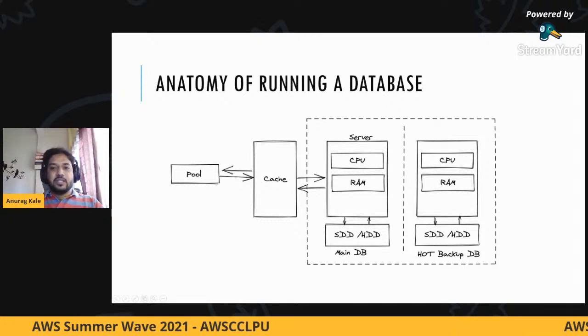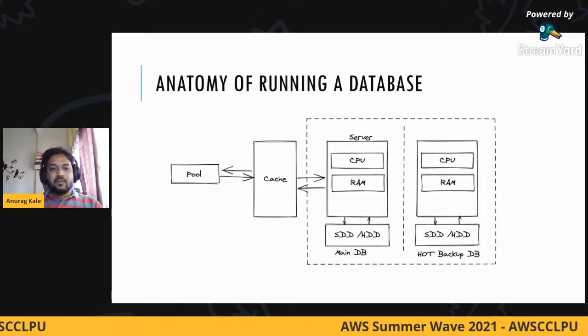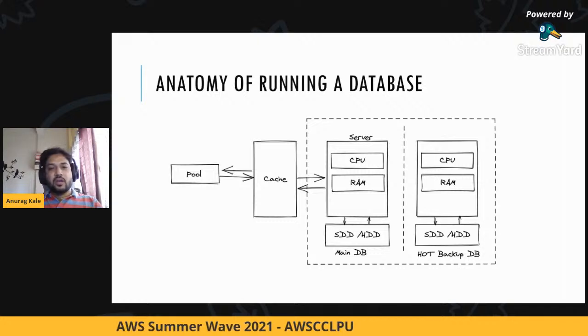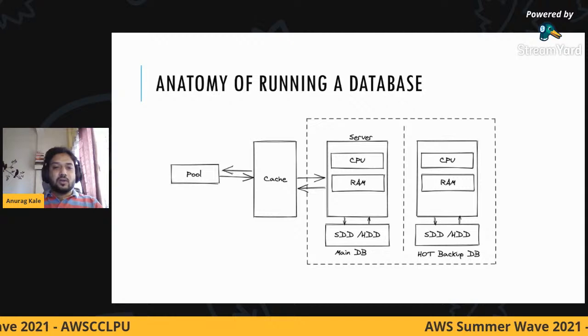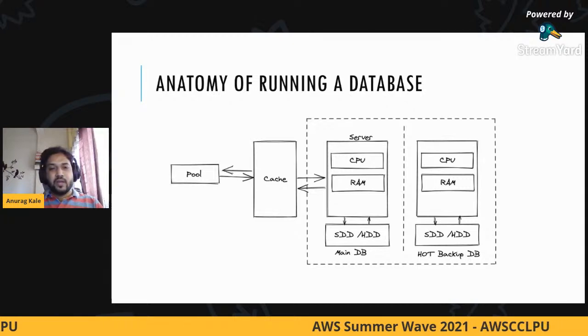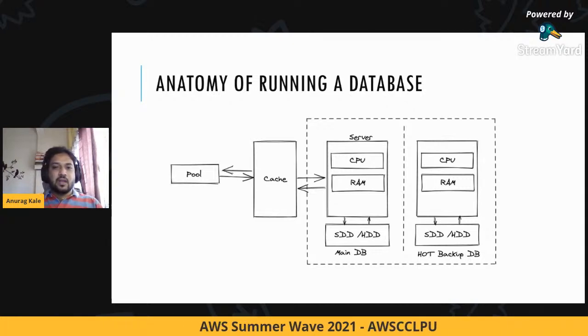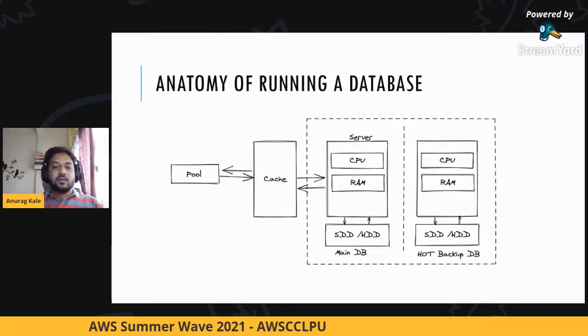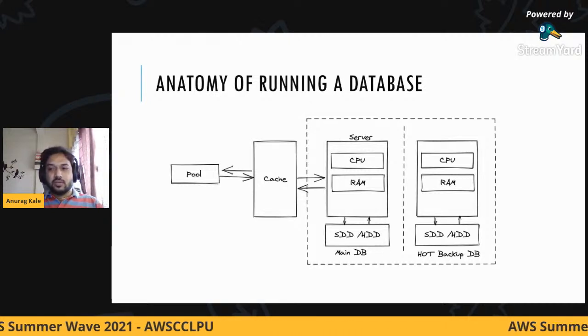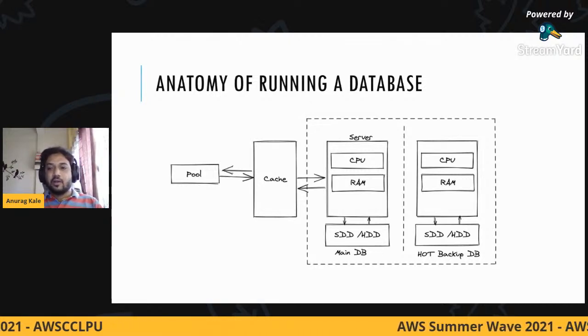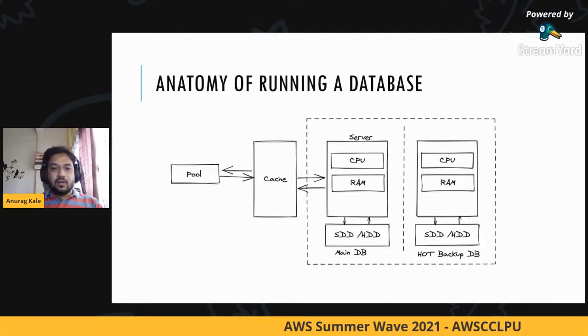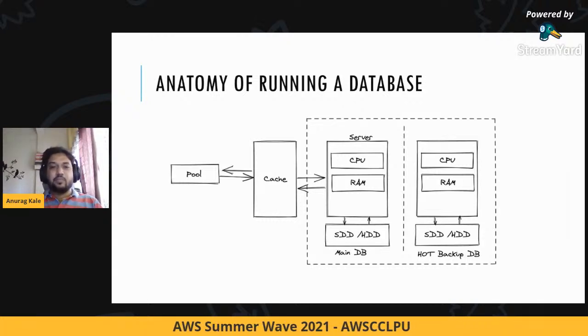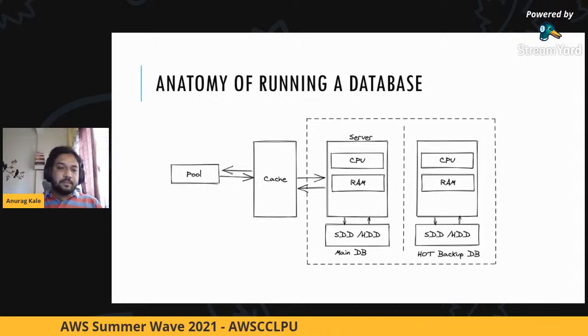So with this mechanism in place, if a server goes down, you can quickly switch over to the hot backup database, and then look at your main database which went down, bring it up, and fix it. Until then, the people using your service are not affected, and they still get the experience that they deserve.